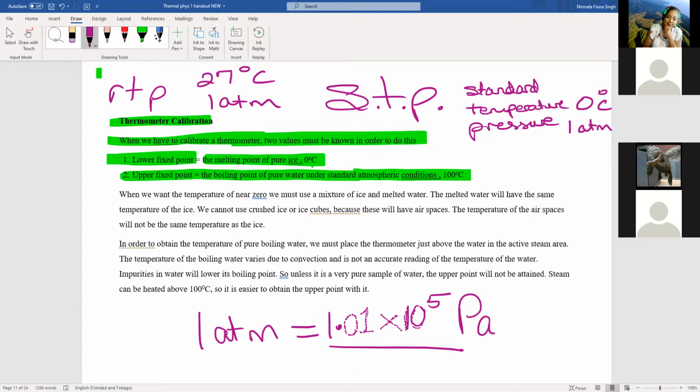You all remember that? That looked familiar. 1.01 by 10 to the 5 pascals are in 1 atmosphere.